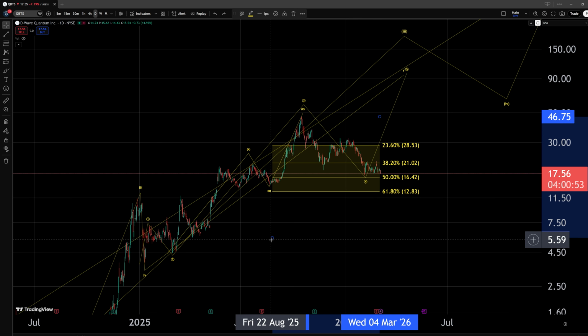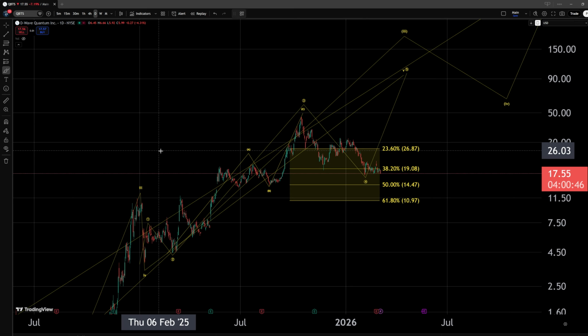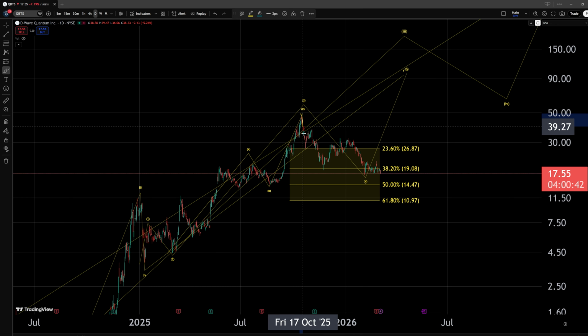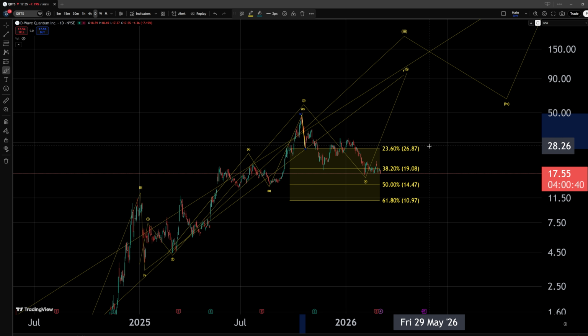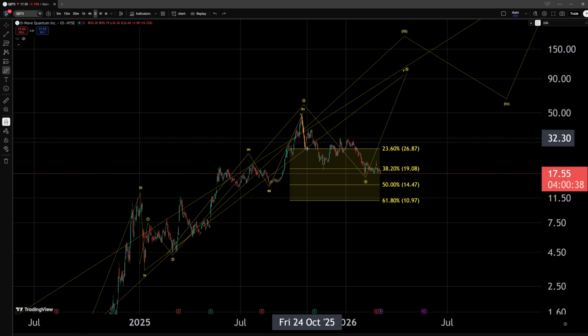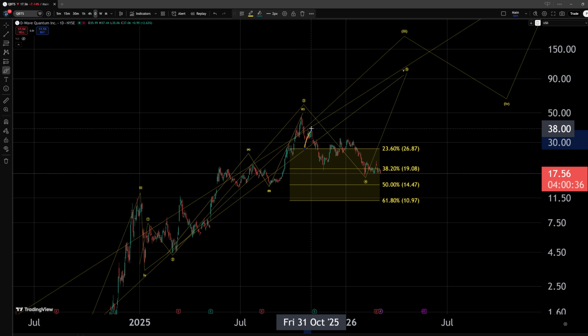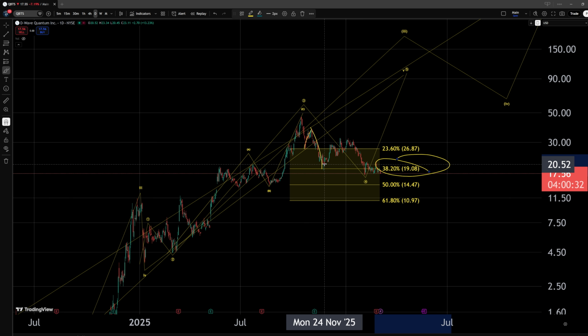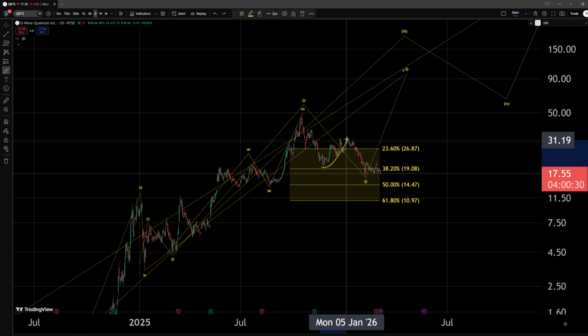But with this expectation, we have a much better confluence with what has actually occurred in this structure, because in the initial push to the downside, we would have touched perfectly the 23.6% retracement before creating the reaction to the upside. Then we retraced deeper, perfectly the 38.2% retracement before creating the next reversal to the upside.